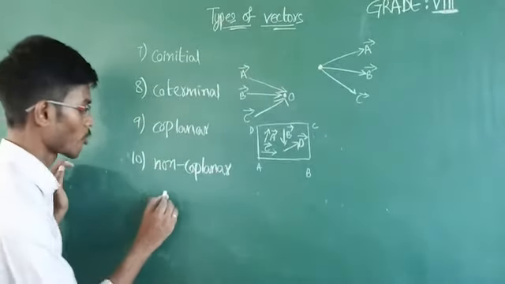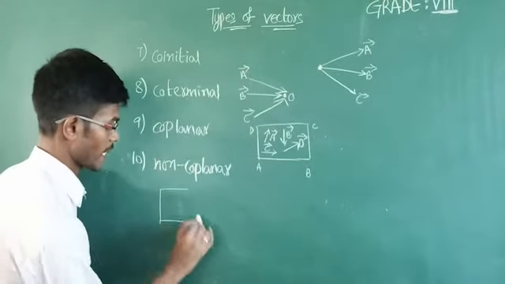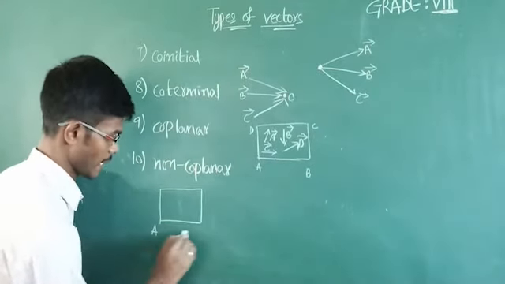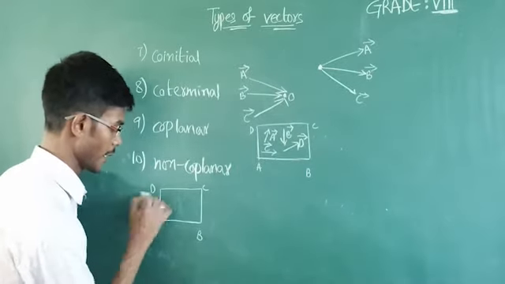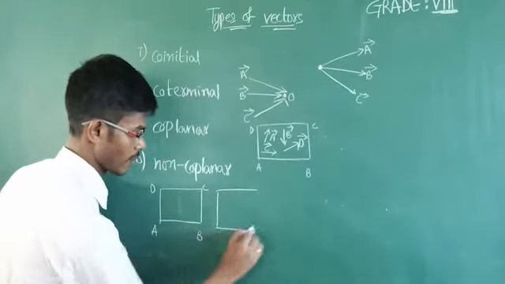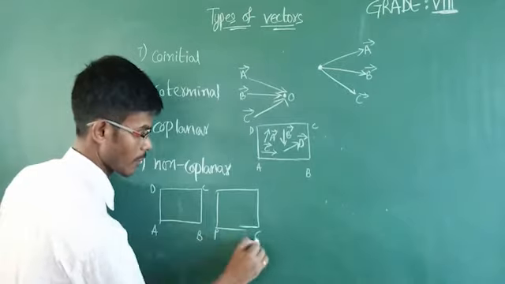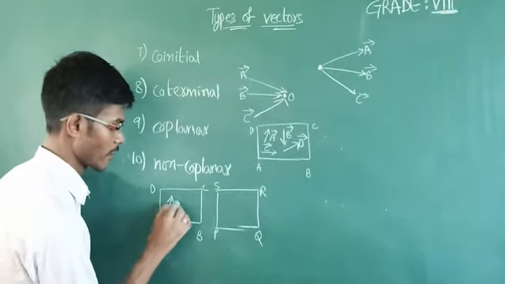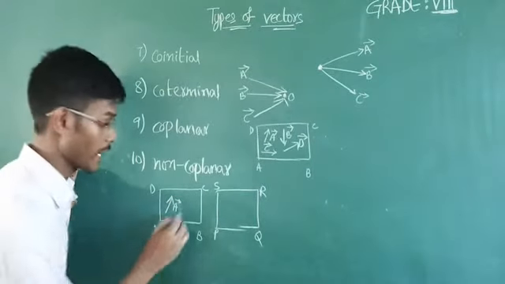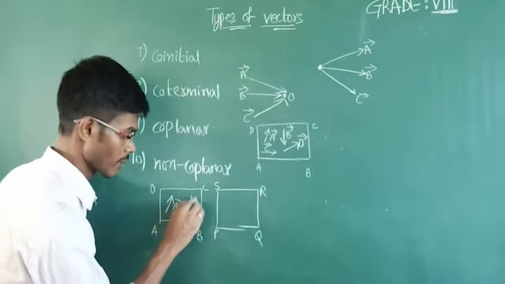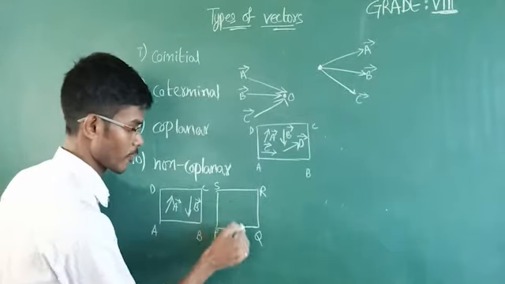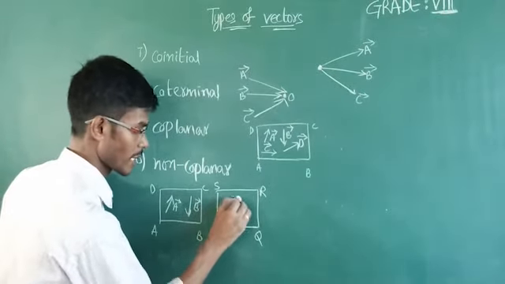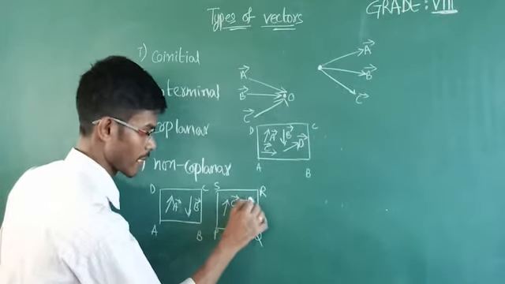Then what about non-coplanar vectors? If we consider two different planes, ABCD and another plane PQRS. In the ABCD plane we have vectors A bar and B bar, and in the PQRS plane, vector C bar and another vector D bar.